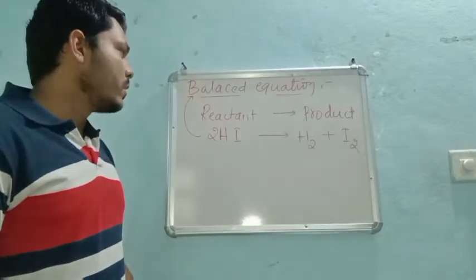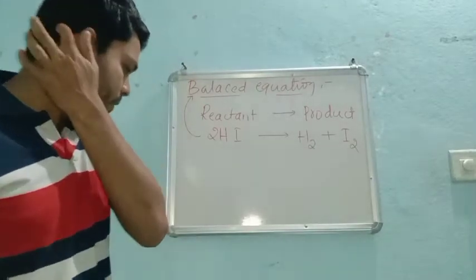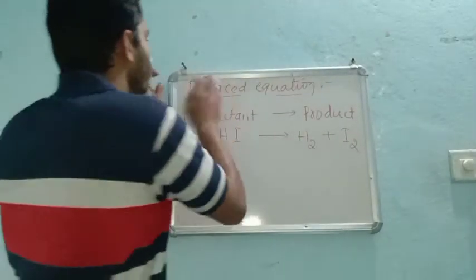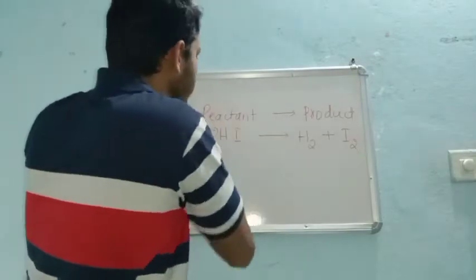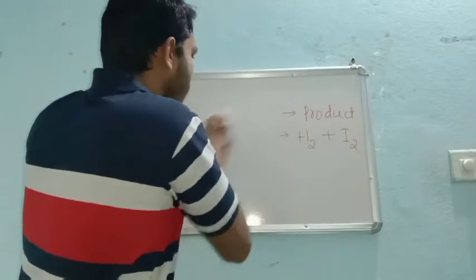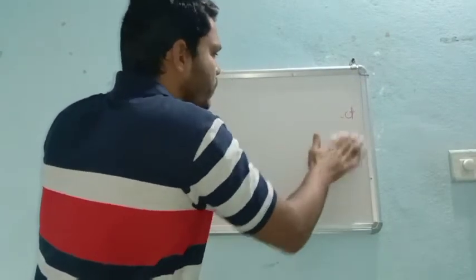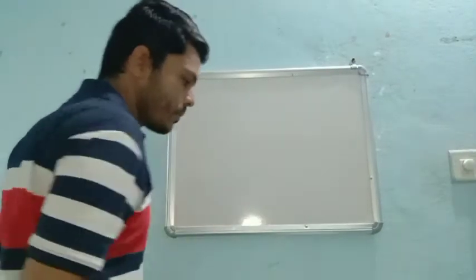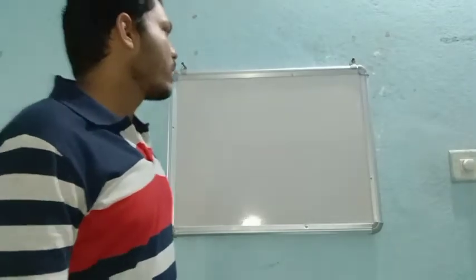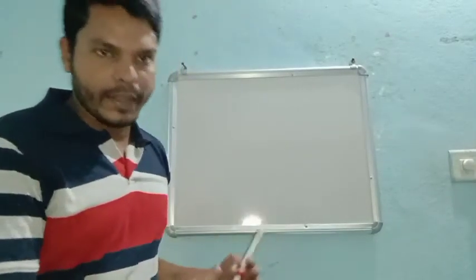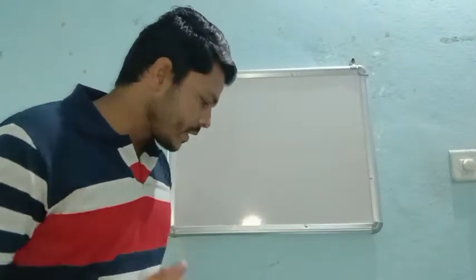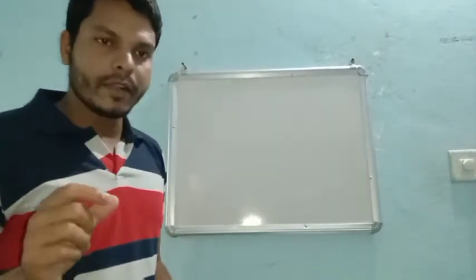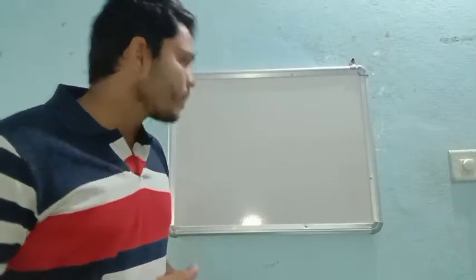So we will see some examples. I mean, there will be a sentence, and with that particular sentence we need to write the equation. It is in your syllabus, so that's why I am taking this part. They will give a sentence like this: carbon is heated with oxygen to form carbon dioxide.